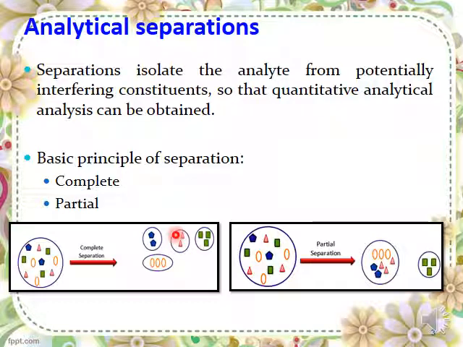Now if you only focus on one analyte of interest, or you want to find only one component in the mixture, you can do partial separation. Partial separation, because you only want to find out about this analyte of interest. The rest, it's okay if they're in the mixture. So you can do partial separation.